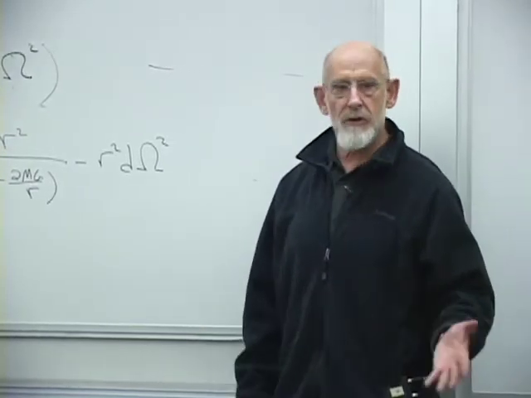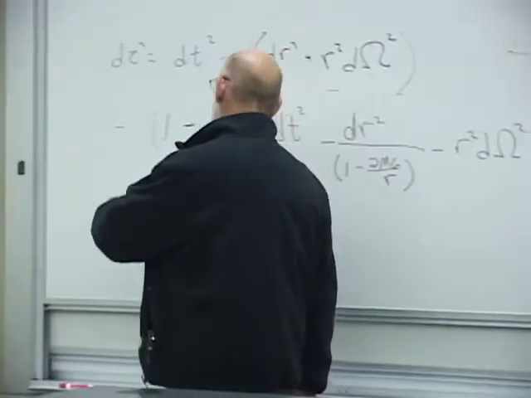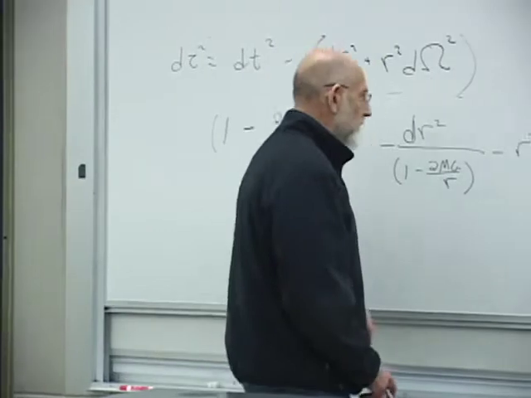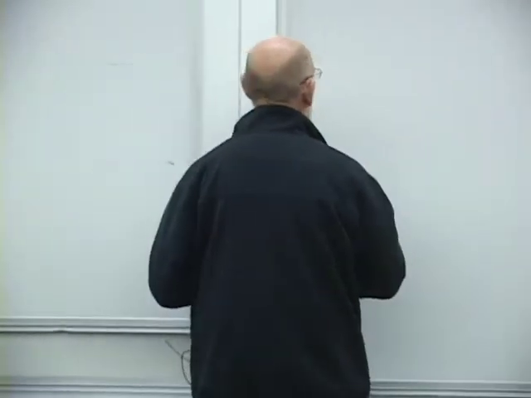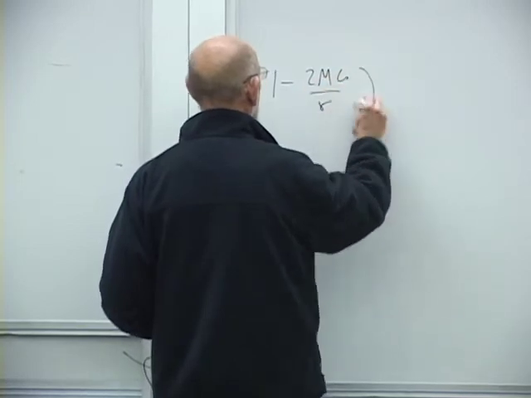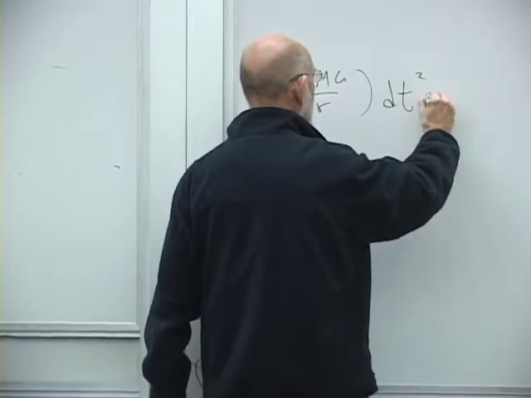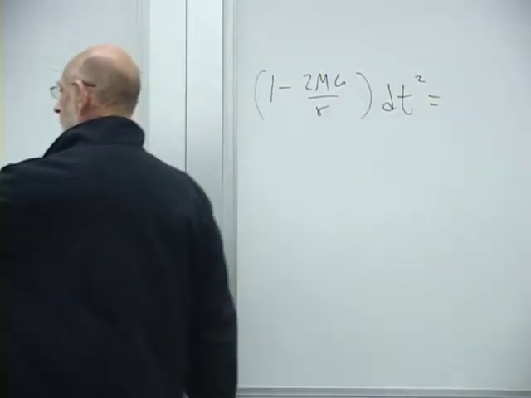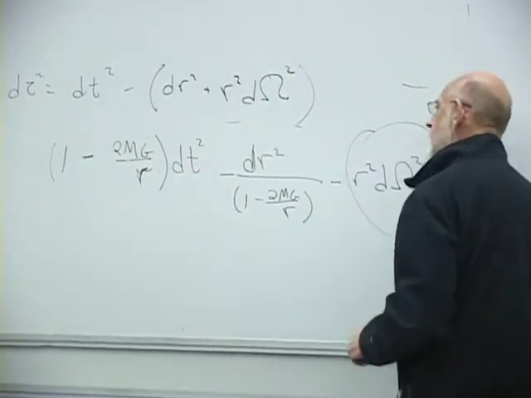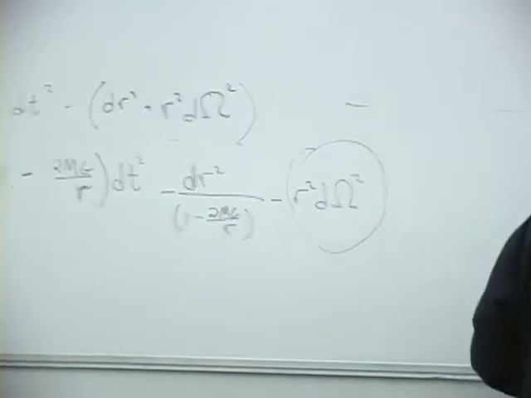How does the light ray move? What's the rule for the light ray? The rule for the light ray is that along the light ray, the proper time is 0. So let's work that out. That's 1 minus 2mg over r times dt squared must equal, I'm setting the rest of it equal to 0, and I'm doing that by setting the dt squared term equal to the dr squared term.